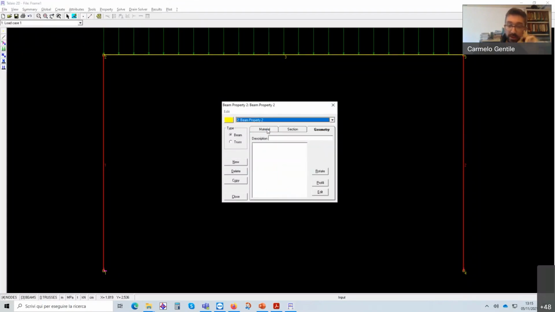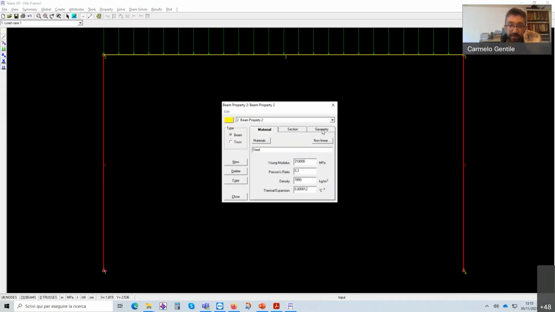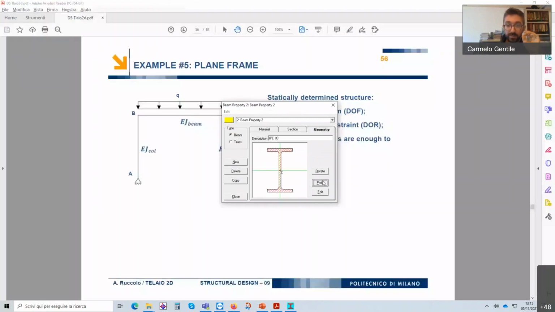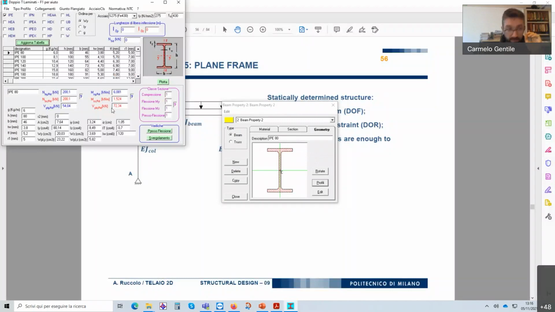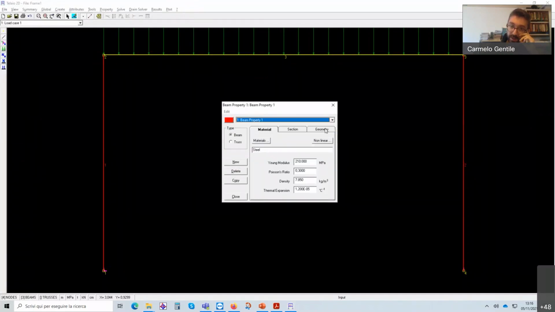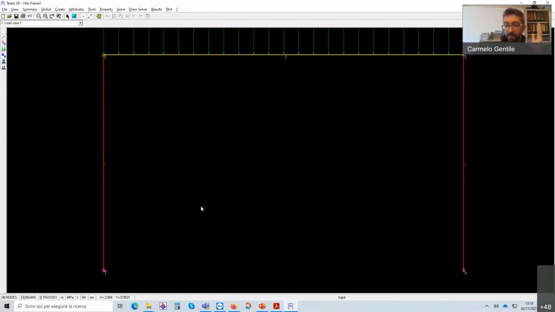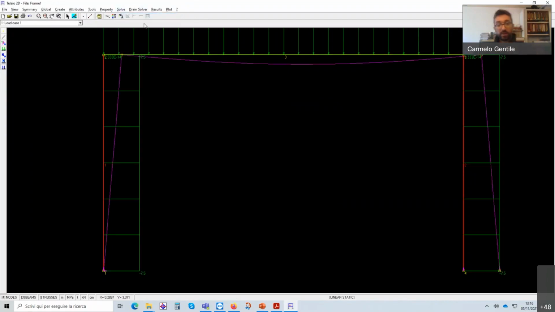If we go on the second property, we still take steel, but the geometry will be IPE 220. Okay, we have selected the ones we wanted. If we go back to check, the first one is still HEA 260, and the second one is IPE 220. Okay, we can run the solution, linear step.